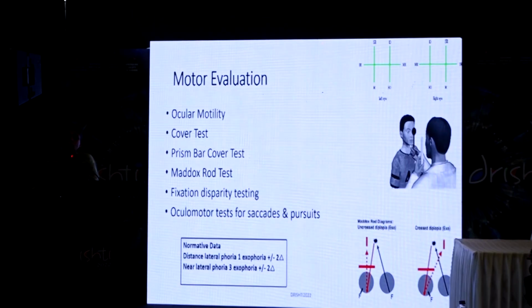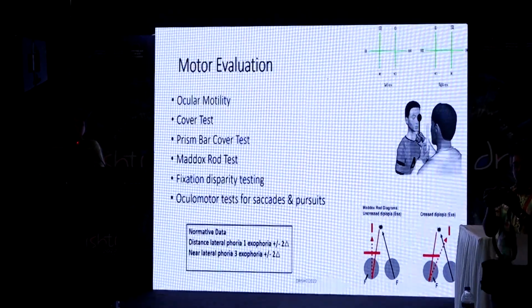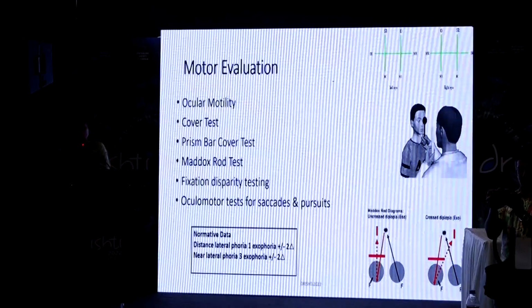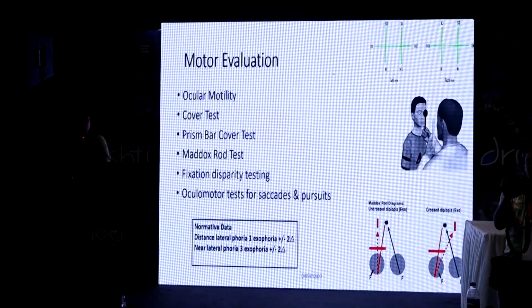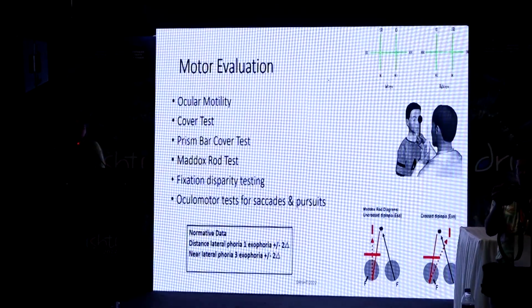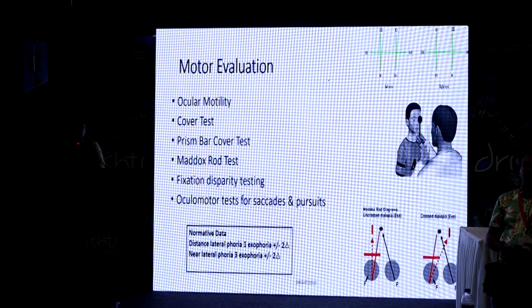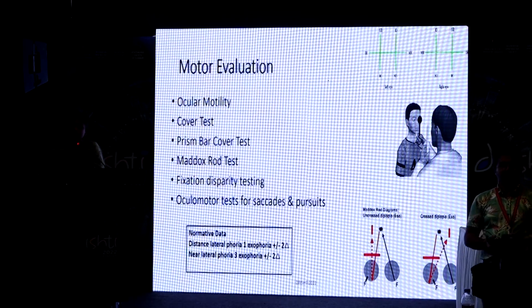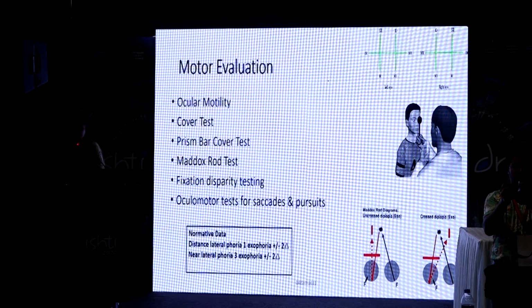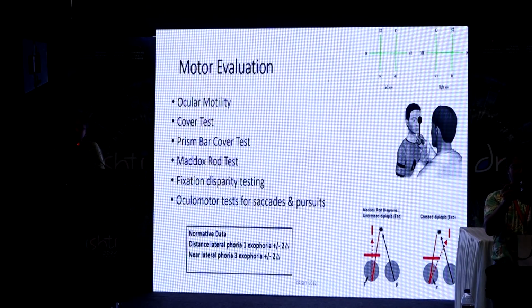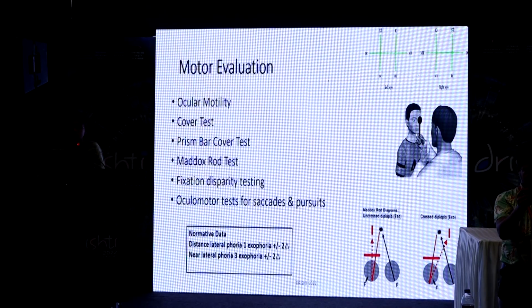This test may not be mandatory in all cases, but it is a useful test when you want to know whether this person will benefit from prescription of prisms or not. So if it's a symptomatic person but you're not very sure whether they will accept prisms or not, you can do the phoria measurement under associated conditions.